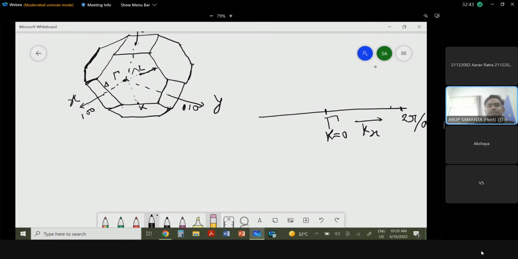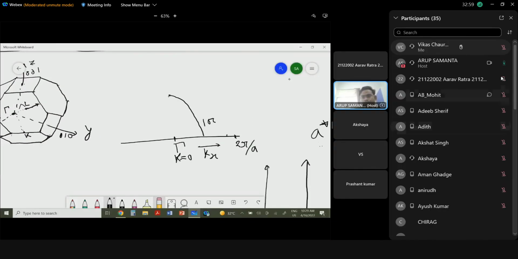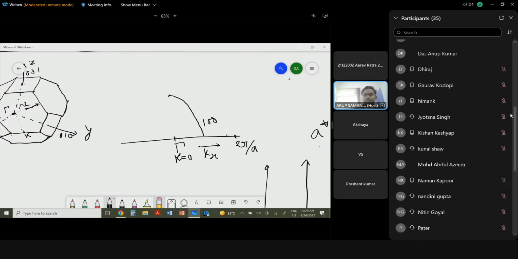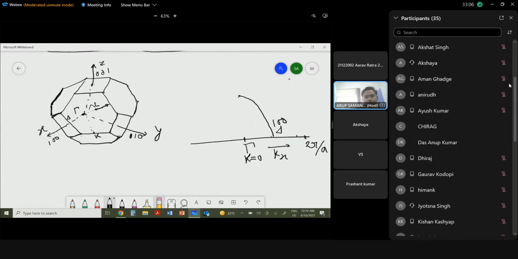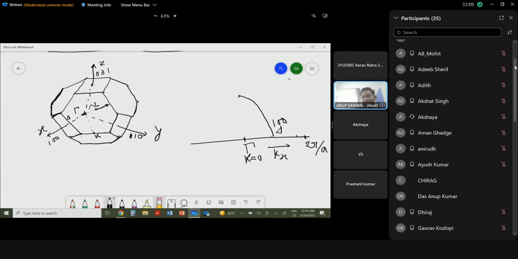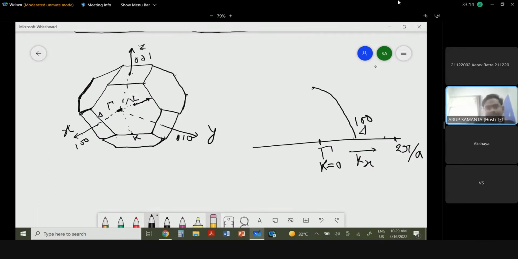If you move along this direction, you can find the valence band at the gamma point is something like this. Along the 100 direction, you can find something like this. This is the movement along the 100 plane, kx direction, or along the delta direction. If you move from this point to this L direction, the alpha direction, up to the L point, the center of the hexagon, this is actually the 1-1-1 direction.